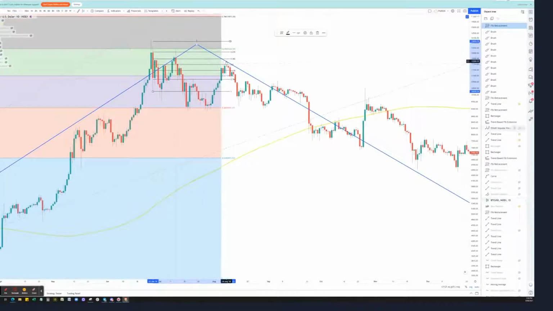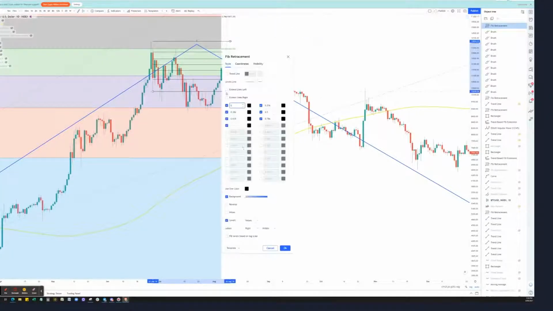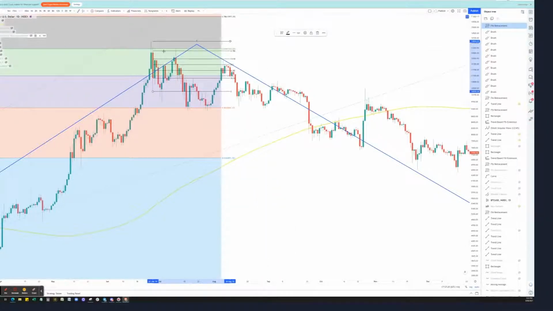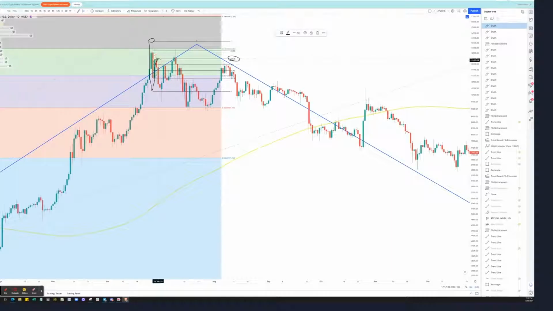And in this case, what was I going to reverse that? Very similar. So from the top to the bottom, and then you can see the 618 was another rejection right there before we went further down.